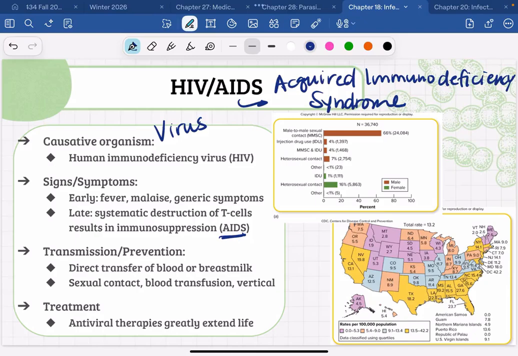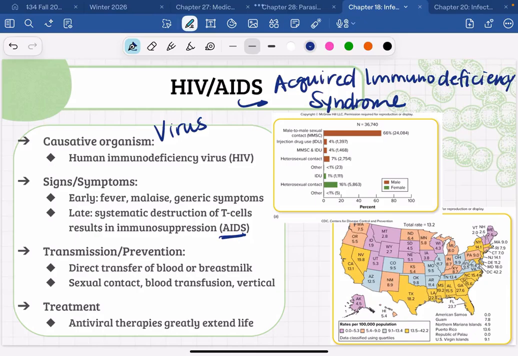And you can see up here, and I know this is a topic that nobody wants to talk about in class, but we gotta talk about it. So you can see up here how HIV is most commonly transmitted. And I think these statistics are from like 2019. But in the male population, HIV is most transmitted through male-to-male sexual contact, okay?